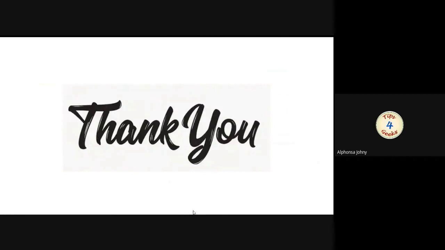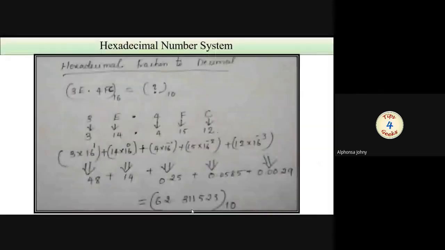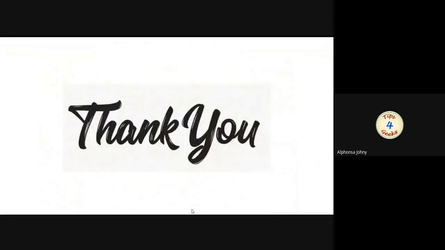The rule is the same. We have to multiply the digits with the corresponding powers. The powers of 2 are used if you are converting from binary numbers, the powers of 8 are used if you are converting from octal to decimal, and the powers of 16 are used if you are converting from hexadecimal to decimal number system. Thank you.